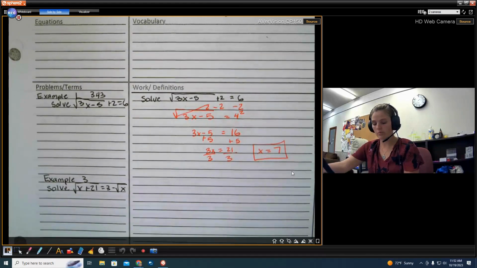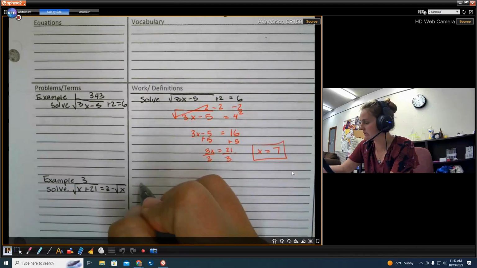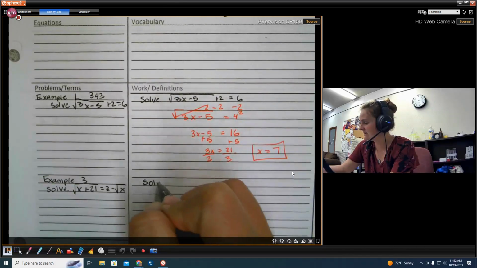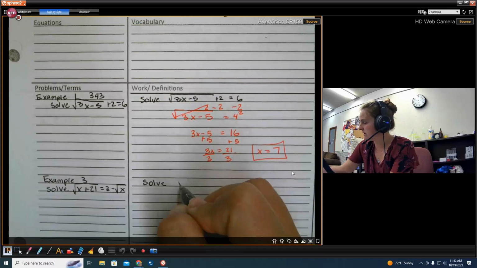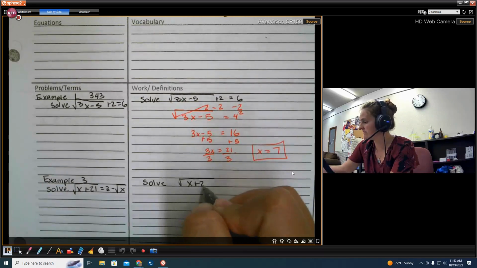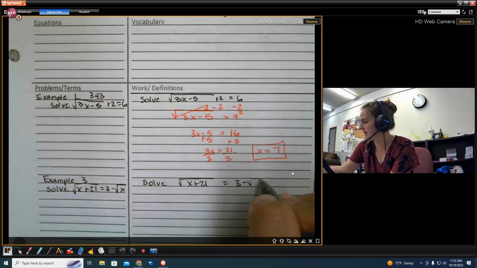Okay, so we are going to get rid of that radical. Oh, sorry, I need to rewrite this. So solve the square root of x plus 21 equals 3 minus square root of x.